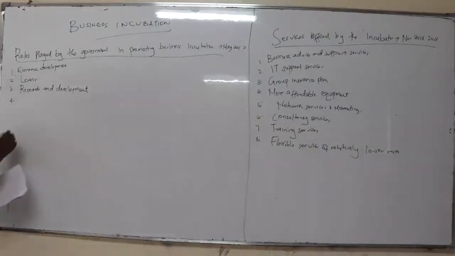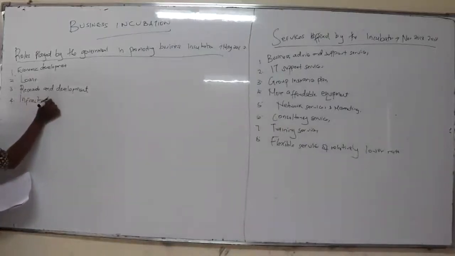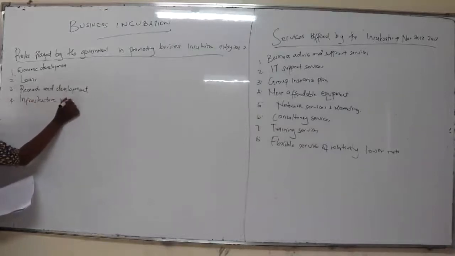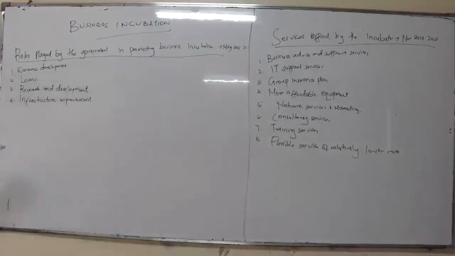Another role is infrastructure improvement. Talk of the infrastructure improvement, you find that business does better when it can move the raw materials to factories efficiently and get finished goods to plants and markets effectively.